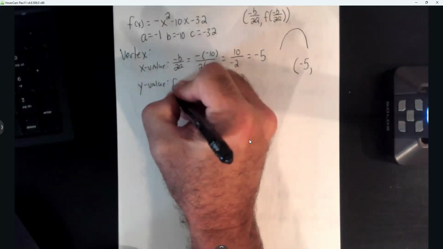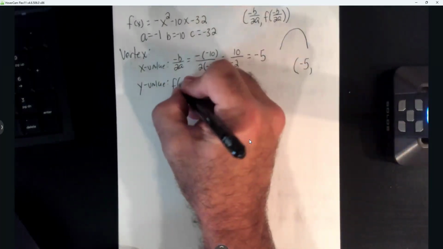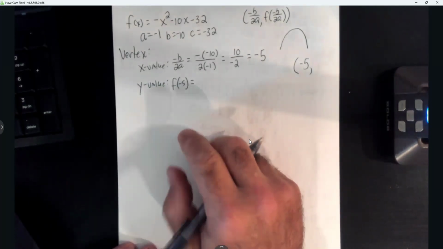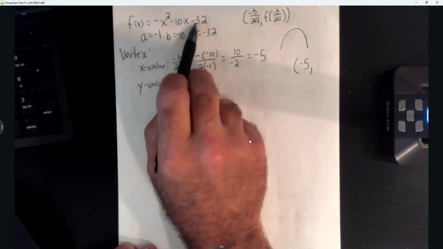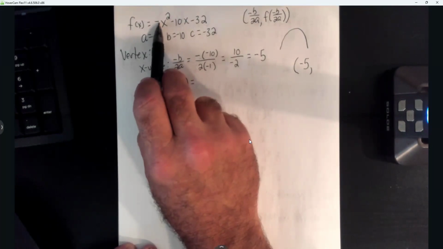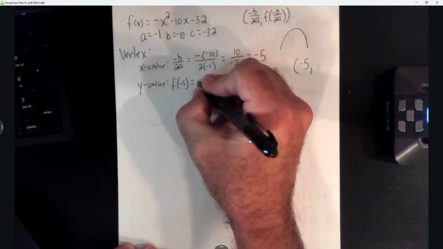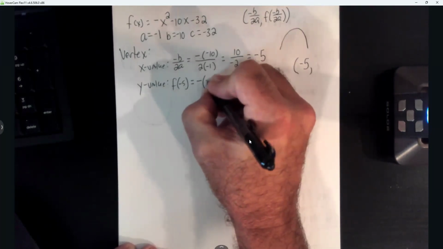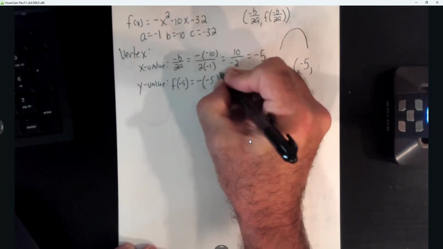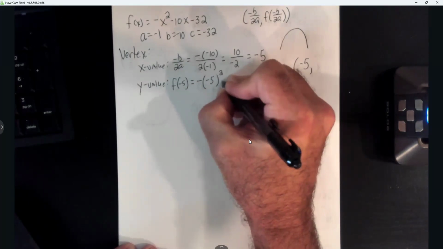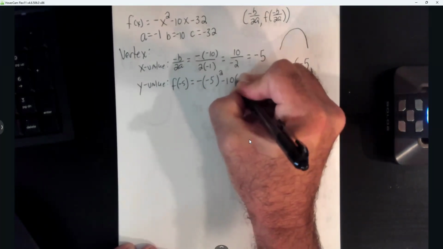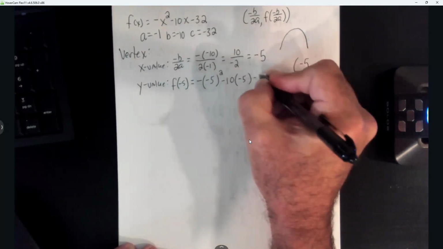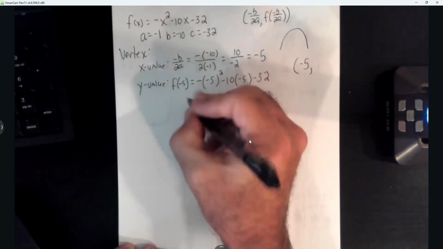So I now know the x value, so let's go get our y value. That's going to be f of that -5. Now, y'all, here's where you got to be careful because we're putting it back into this function, but this function has a negative in the front. So bring down that negative. And then for your x, put in a -5, square that, minus 10 times x, which is a -5, minus 32.